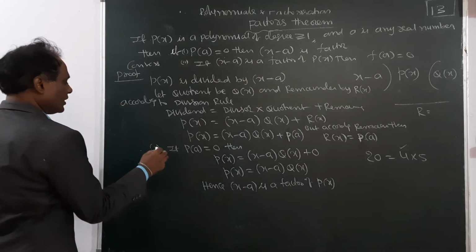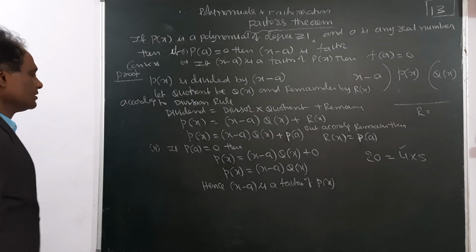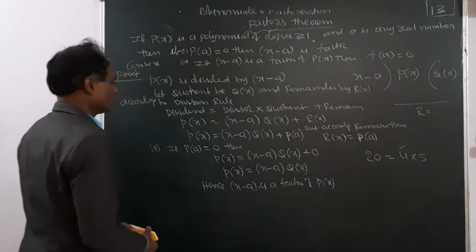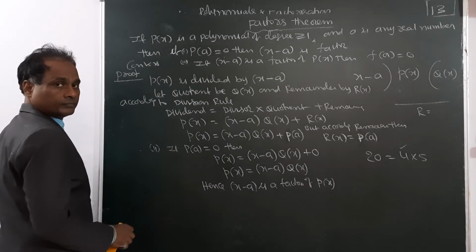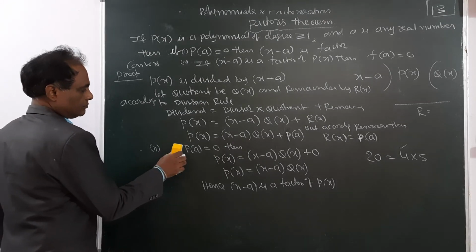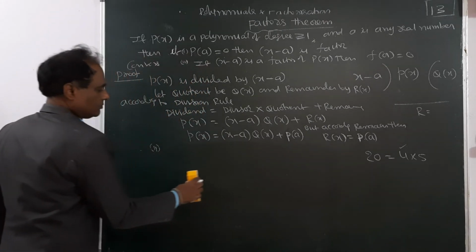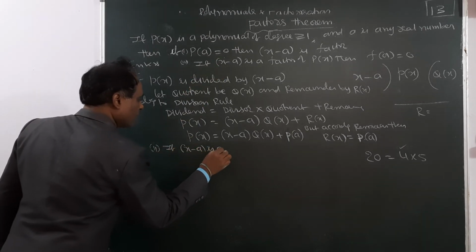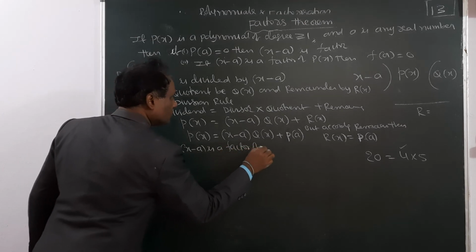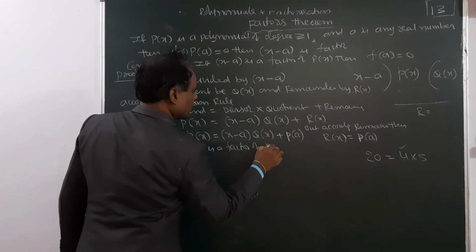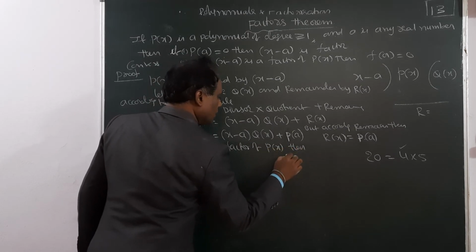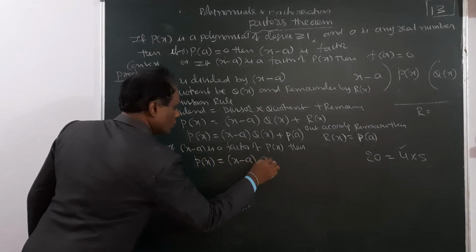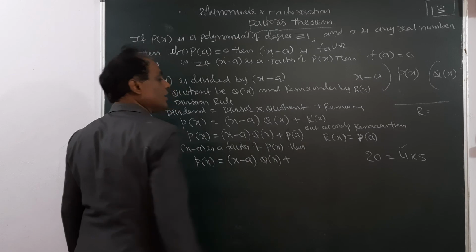In the second case also, let us take: if x minus a is a factor of that given polynomial, then p of x is equal to x minus a into q of x plus remainder, and the remainder will be 0 because it is a factor.